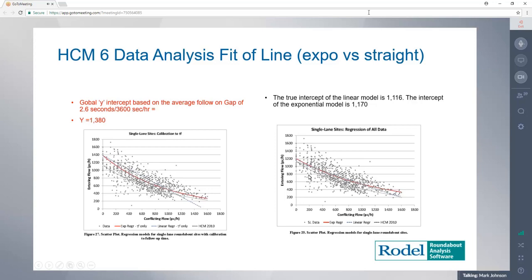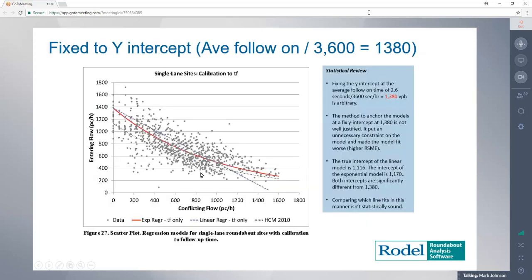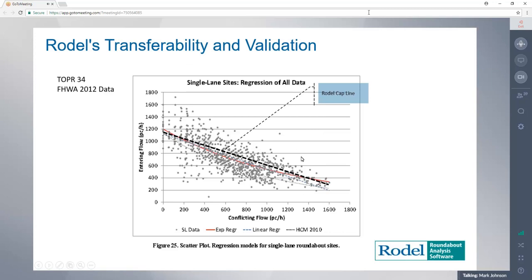And then as you compare different things, and this is written up in a lot of detail in a recent paper that we submitted for TRB 2018, at the end of the day, what we find is that the Rodel capacity line fits very well.